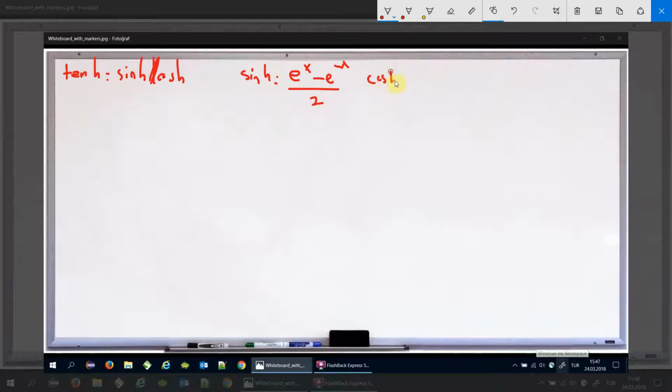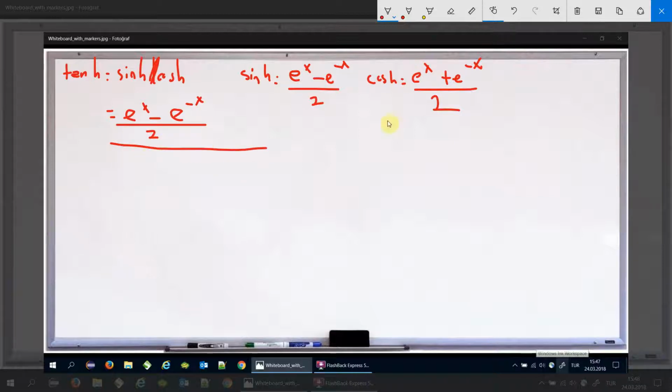Similarly, the cosh function is equal to e to the power of x plus e to the power of minus x over 2. Let's put these values here: e to the power of x minus e to the power of minus x over 2, over e to the power of x plus e to the power of minus x over 2.